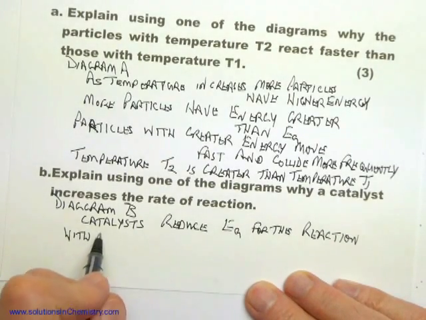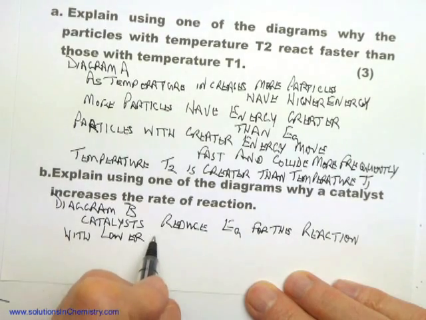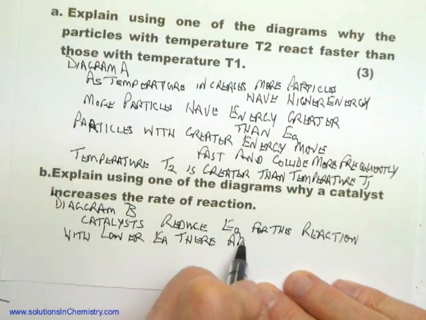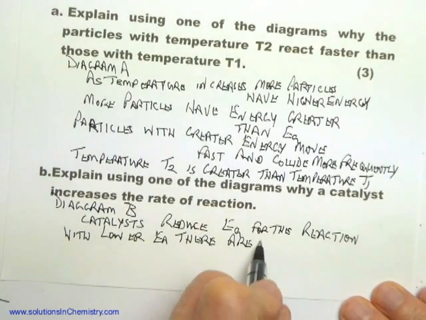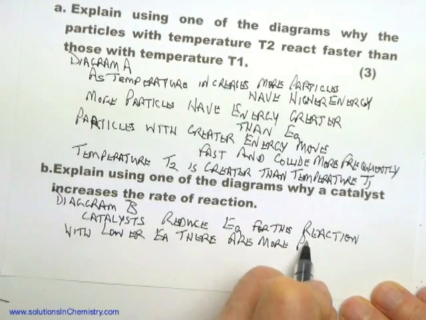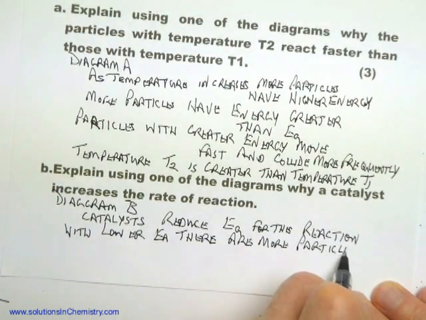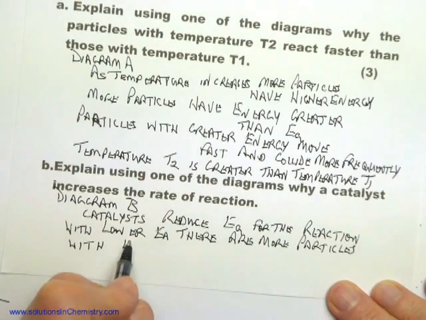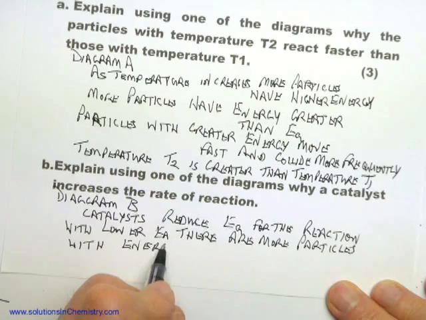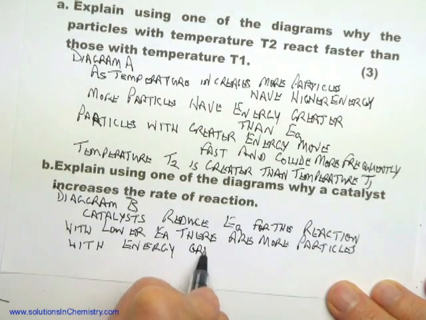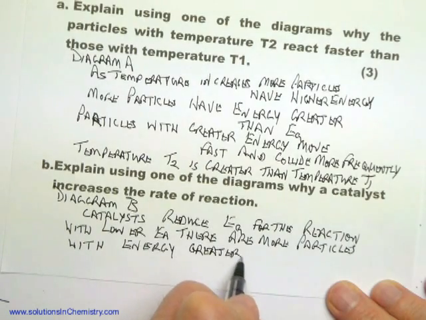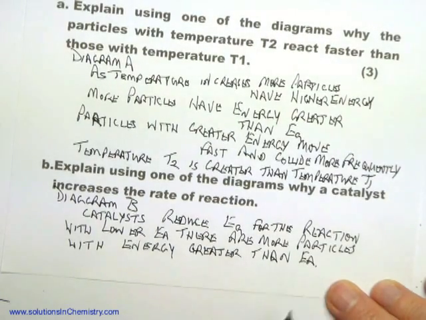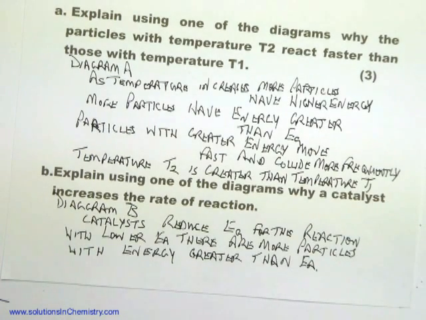With lower EA, there are more particles with energy greater than the energy of activation. And therefore there are more particles available for reaction.